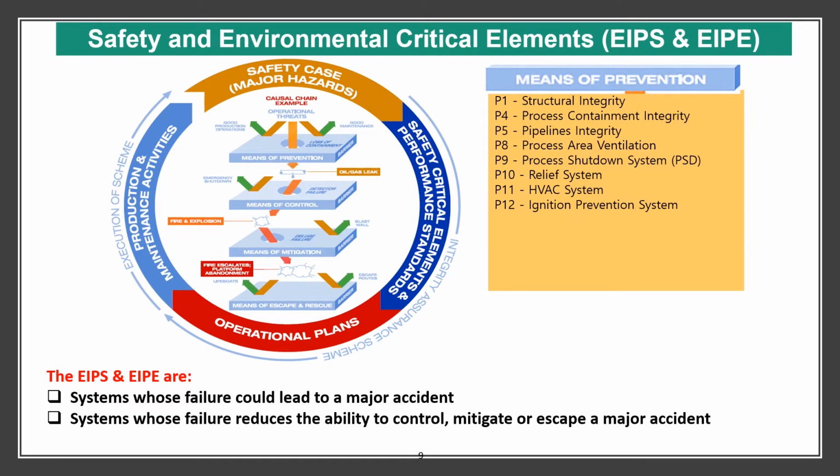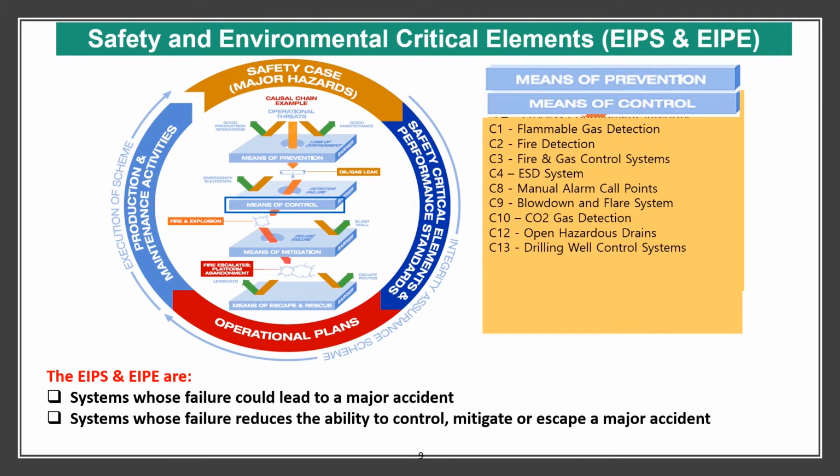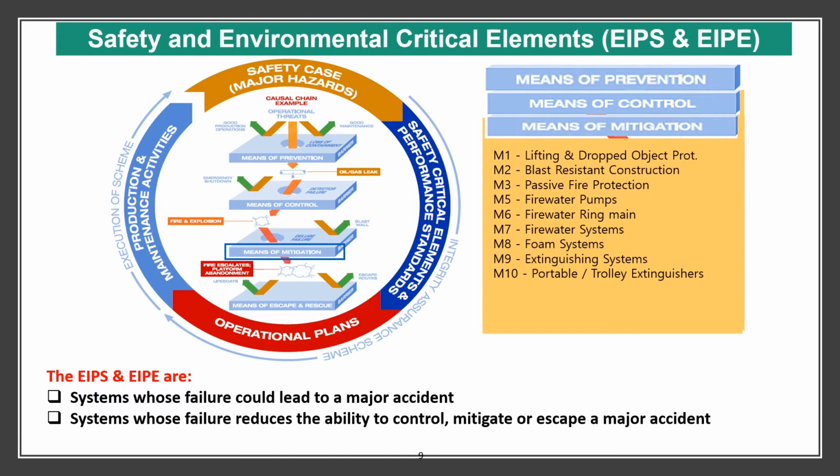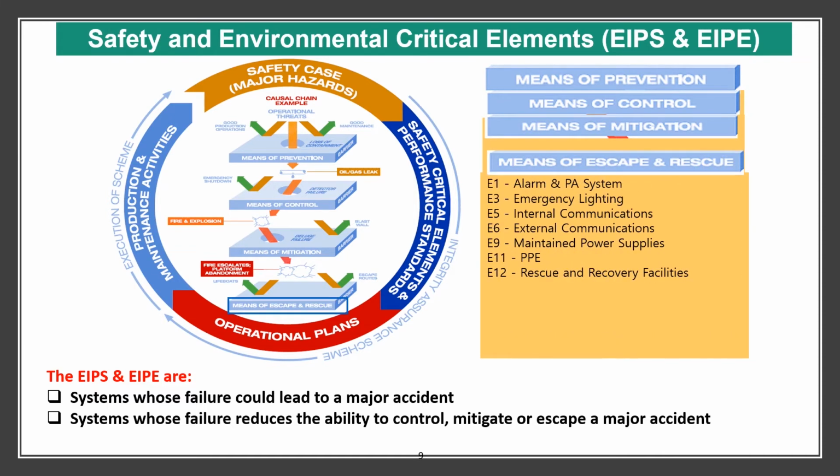The first one is means of prevention, such as structural integrity and pipeline integrity. Means of control, like flammable gas detection and ICSS, is the system. Means of mitigation, such as fire pump and fire ring main. And finally, means of escape and rescue, such as internal communication, external communication, etc.